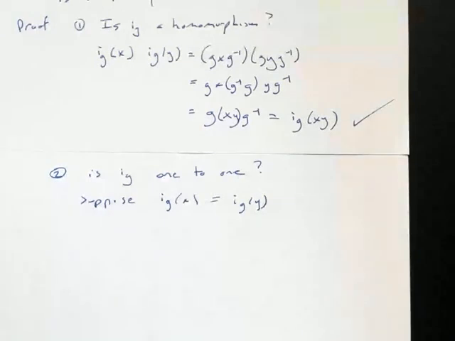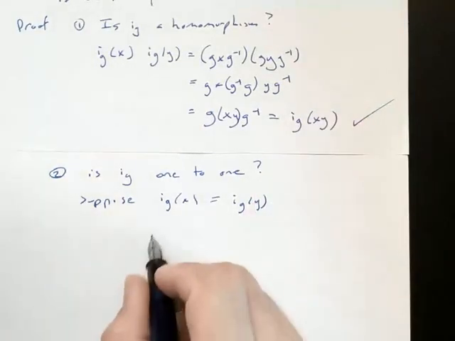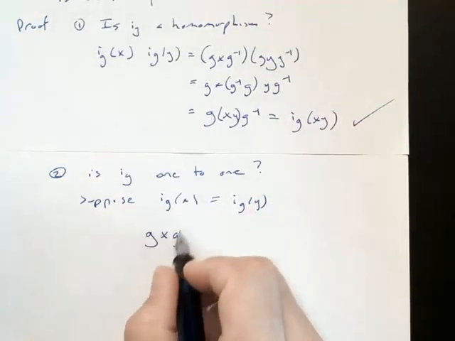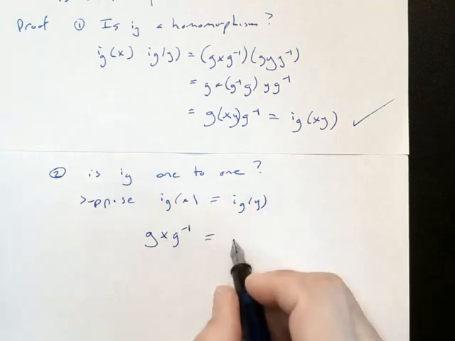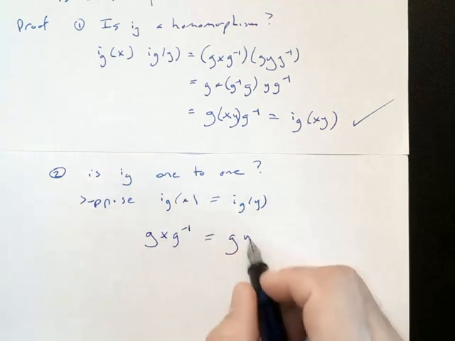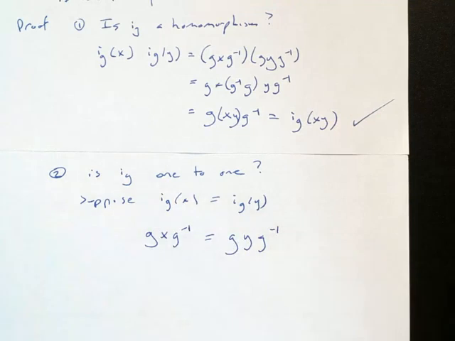But what is IG of X? Oh, we wrote that down up here. G X G inverse. And over here, IG of Y is G Y G inverse. We are in a group. What happens?